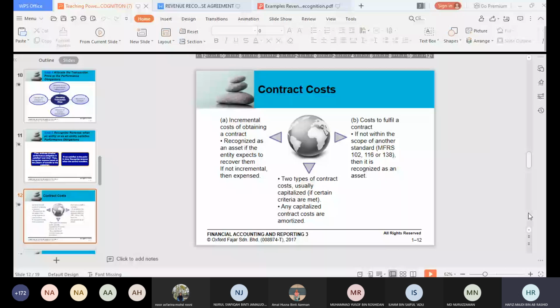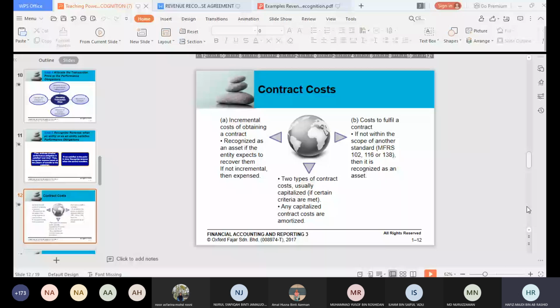Sometimes you might incur legal costs, but finally you are not able to secure the contract, because not all initiatives which you have undertaken would lead towards securing the contracts.